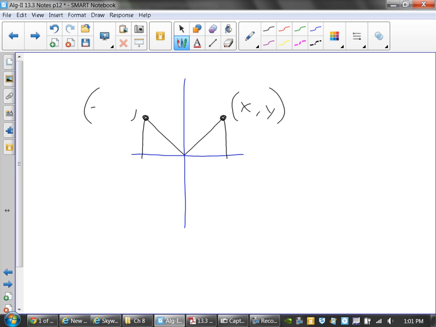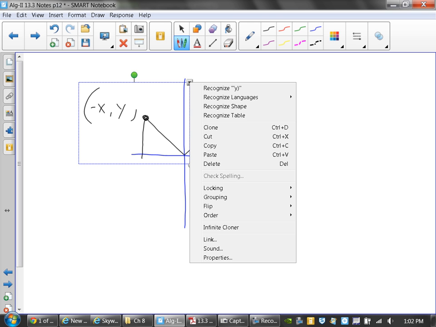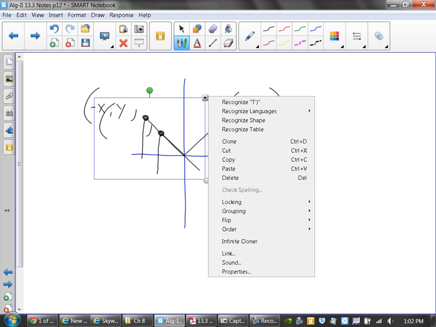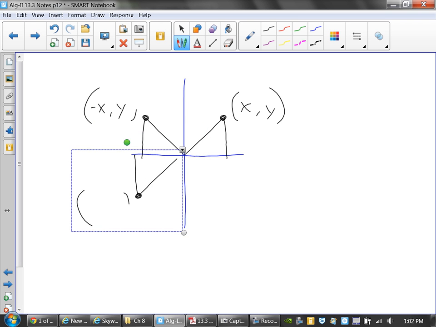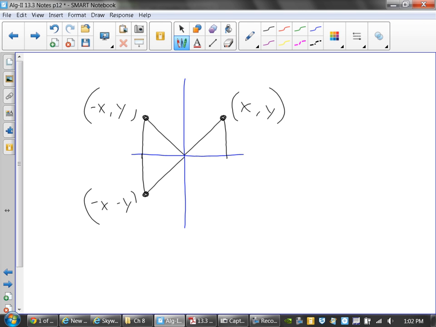It was negative x and positive y. When it flipped down into the next one, what did it do? Good. When it flipped down here, it was negative x and negative y. So they're still saving all the same characteristics.